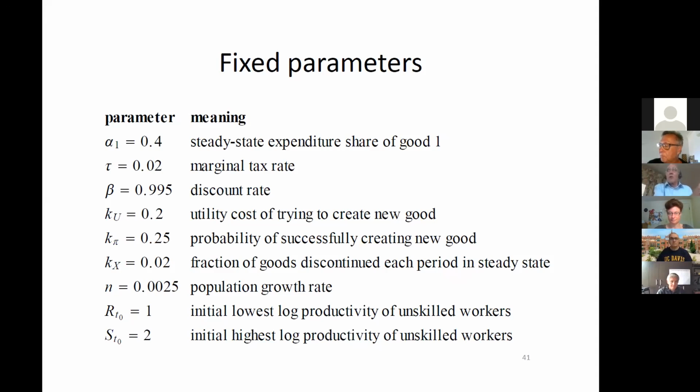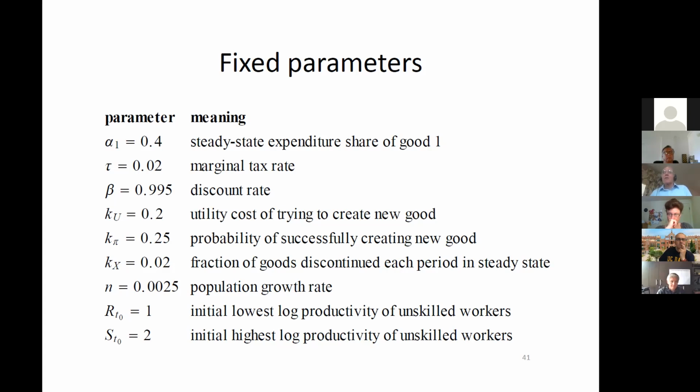That's the only role for the government. And so the value 0.02 matches some of the things we see in unemployment compensation. I'm going to calibrate this to think of one period as a quarter, so take an annual discount rate of like 2%.